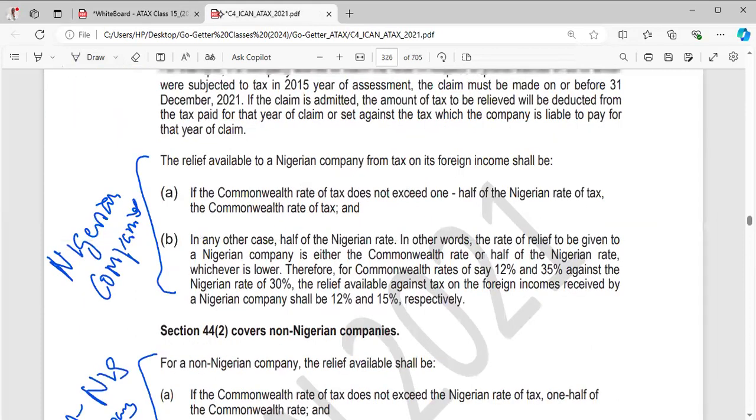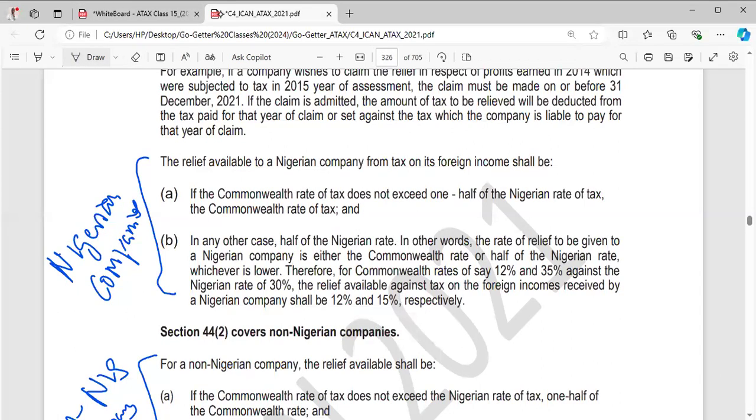We will say, if half NTR is greater or equal to CWR, DT rate is CWR.